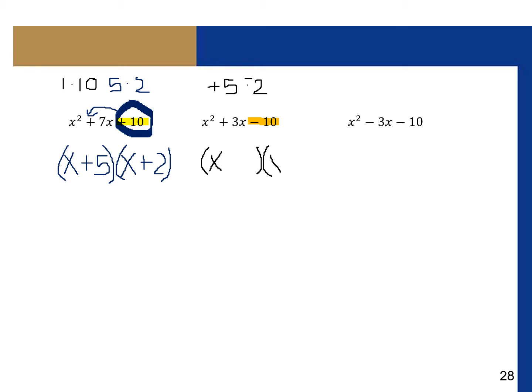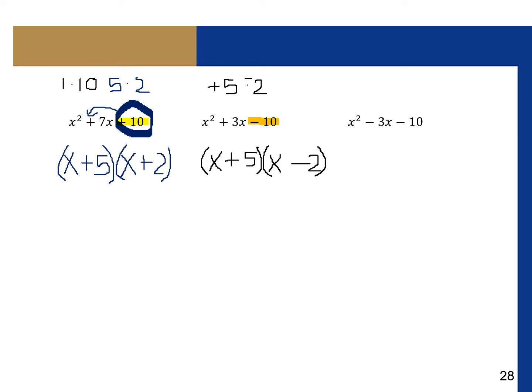Now I want to emphasize again too, this is only when we have the 1 in front of the x squared. And then I'm going to place plus 5 in one, and minus 2 in the other. And I could have put x minus 2 first and x plus 5 second if I wanted to.